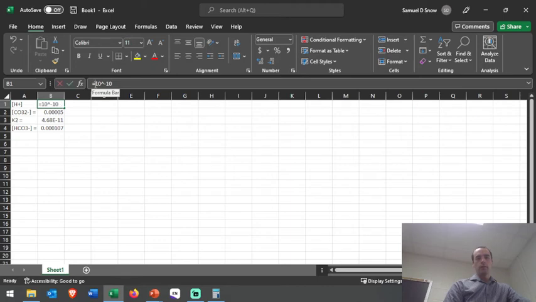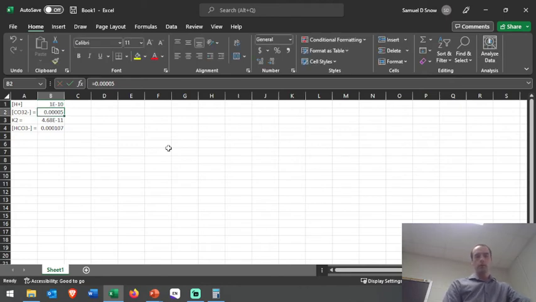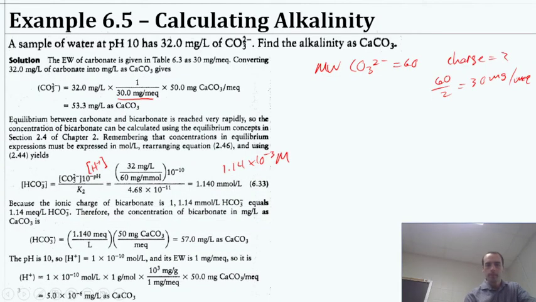Oh, well, I need to do 10 to the minus 10th is pH, right? Should be fine. Or did I do, you did 0.032 grams per liter and they just kept it as 32 milligrams per liter. That's what it has on the solution in the top part.